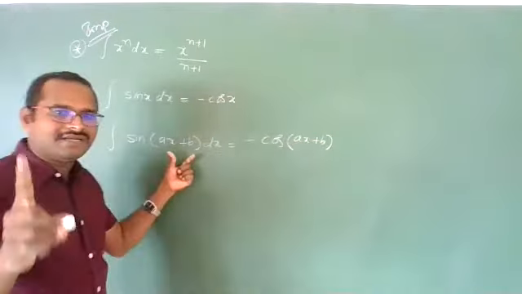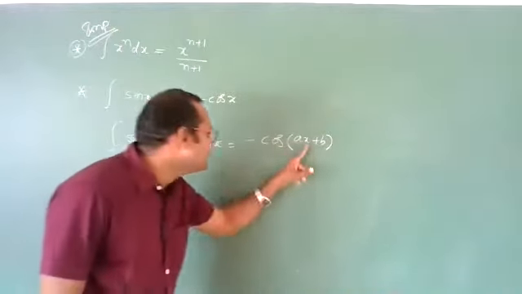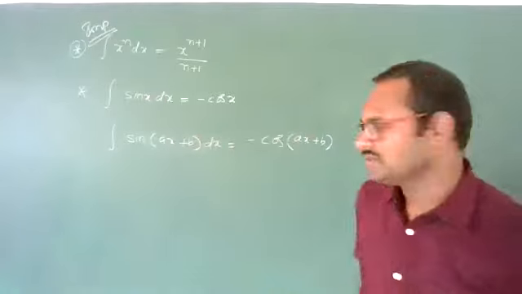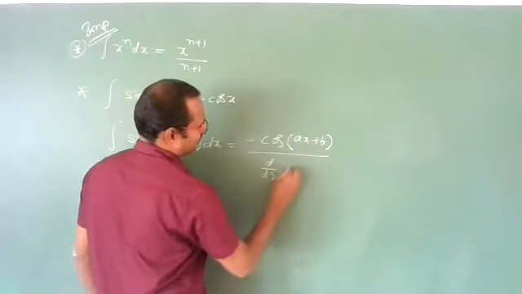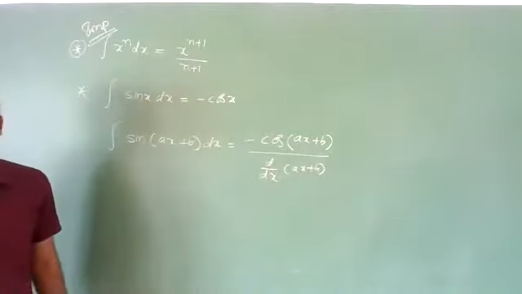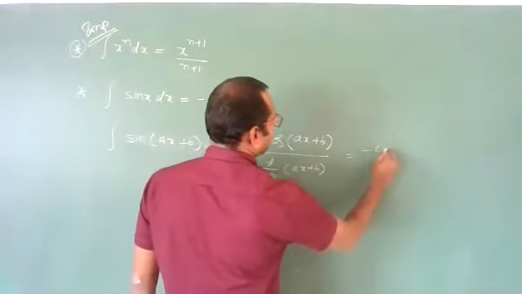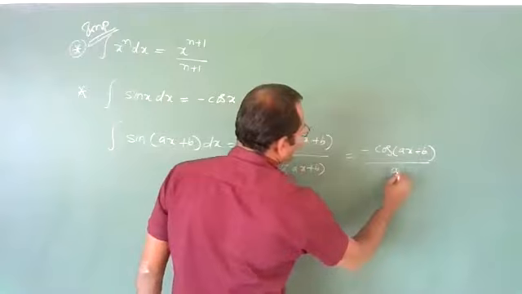First, one time for the sine function we have integrated. Now again the x variable is there, that also we should do. So that's why you should divide it with d by dx of ax plus b. Means you will get minus cos of ax plus b divided by a.